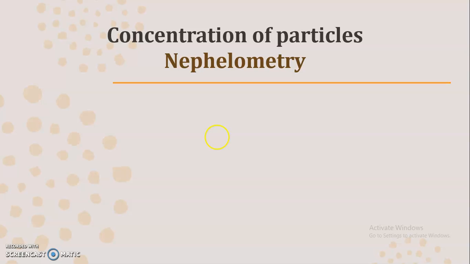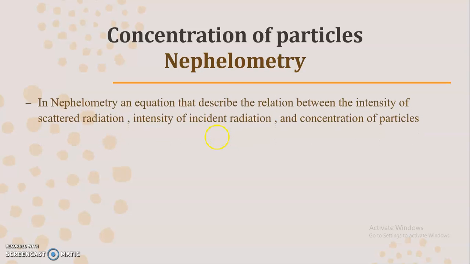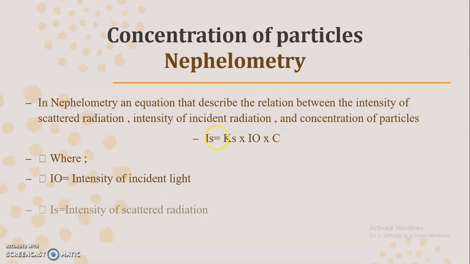While in case of nephelometry, the equation that describes the relation between the intensity of scattered radiation, the intensity of incident radiation and the concentration of particles is Is = Ks I0 C, where I0 is the intensity of incident light.